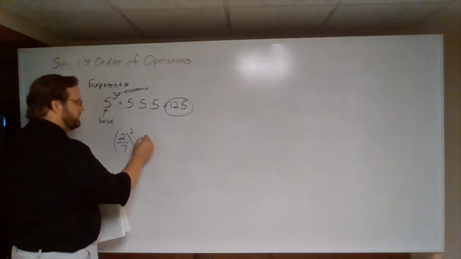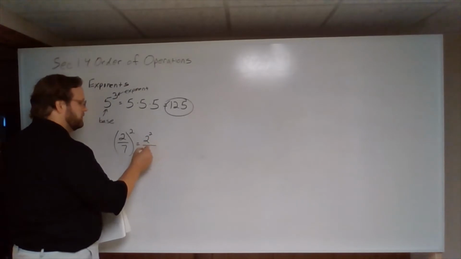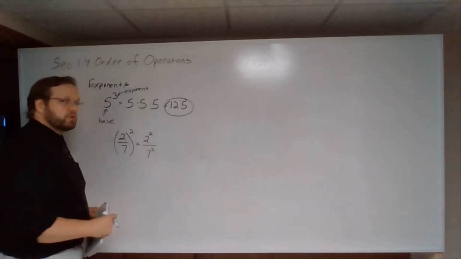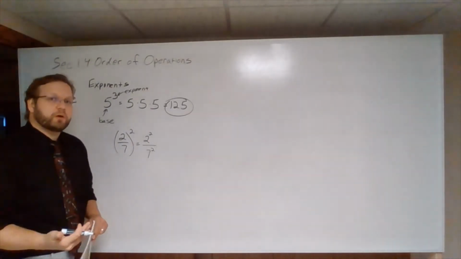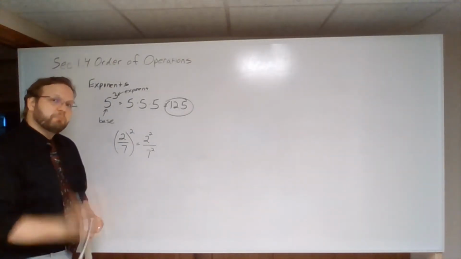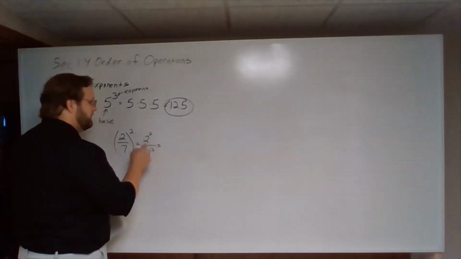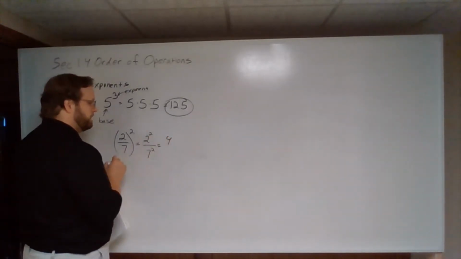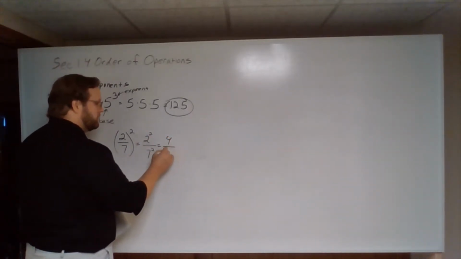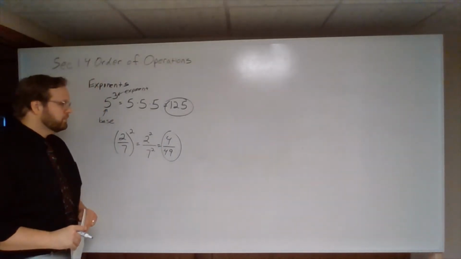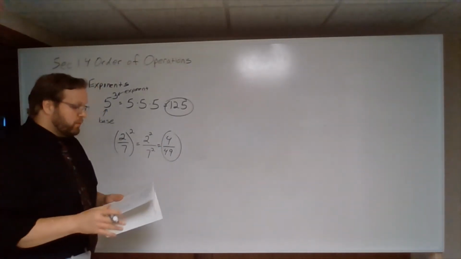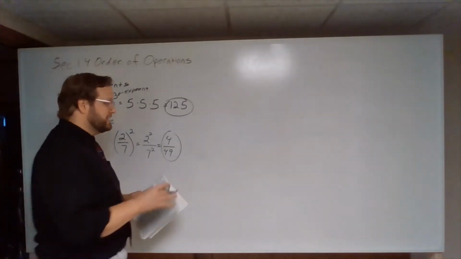So what we have is 2 squared over 7 squared. It's not 2/7; you're squaring a 2 and squaring a 7 separately. That's much easier to handle. 2 squared is 4, and 7 squared is 49.